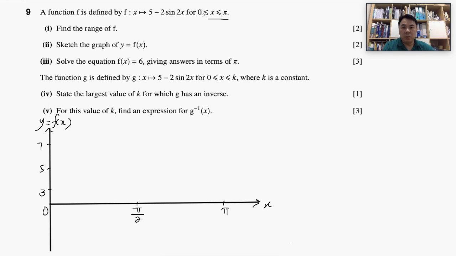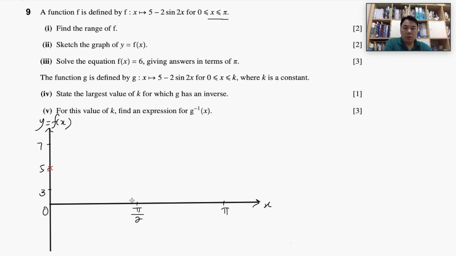I purposely use this just because I know that the range is between a 3 and a 7. Is it 3 and 7? Yeah, I think it's 3 and 7. So when x equals 0, I have a point here of 5.